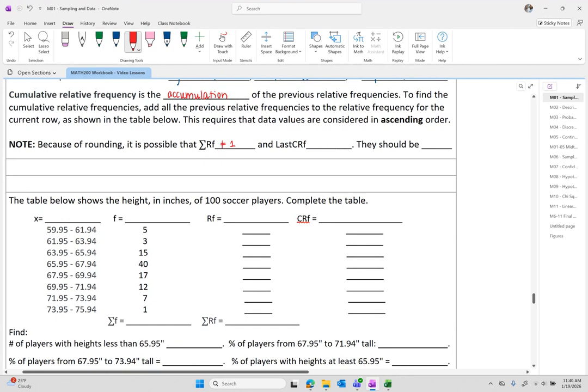And the last cumulative relative frequency may not equal 1. Remember, 1 is also 100%. So because of rounding, it is possible. However, it could be very close to 1.